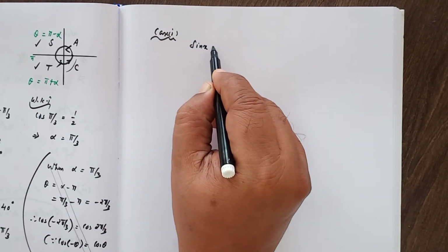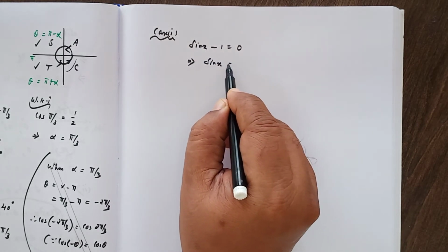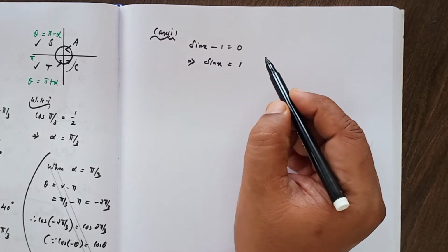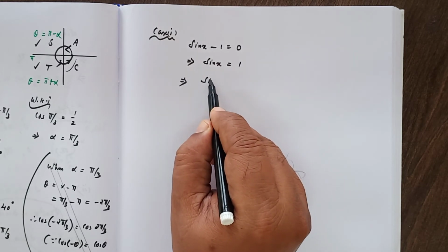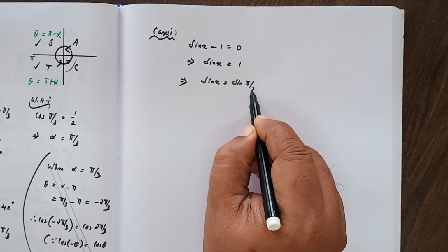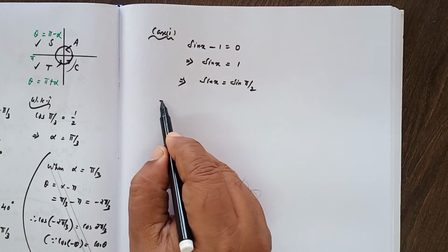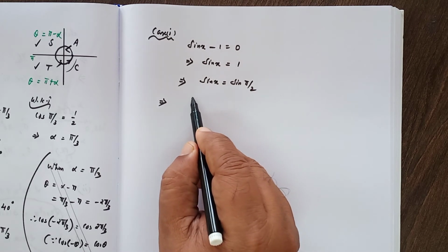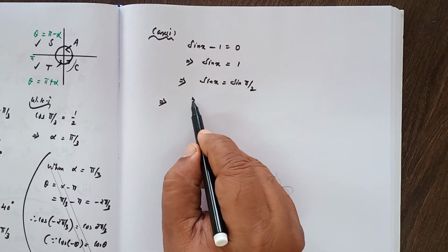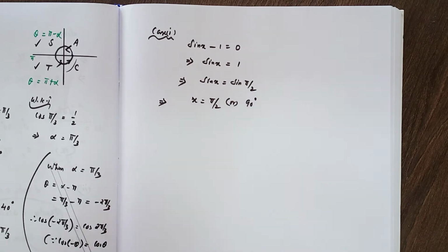Sin x minus 1 equal to 0, which implies sin x that is equal to plus 1, which implies, you know very well, that is pi by 2. Sin 90 value is 1. Therefore, x that is equal to pi by 2, or 90 degrees.